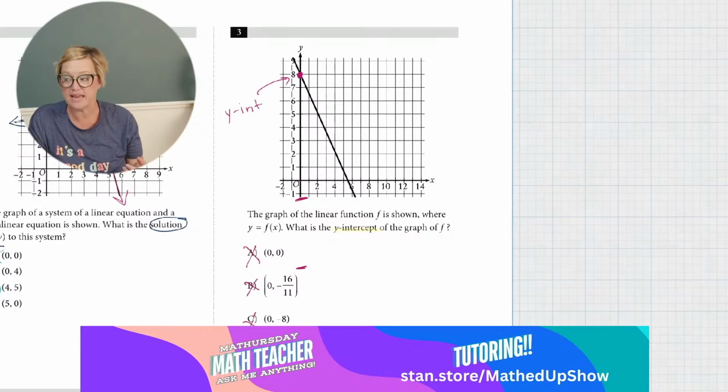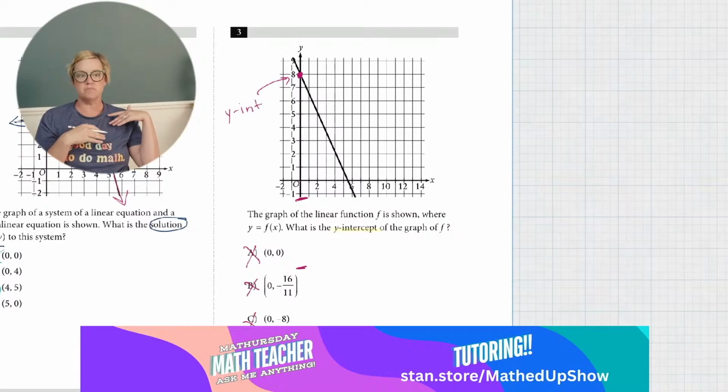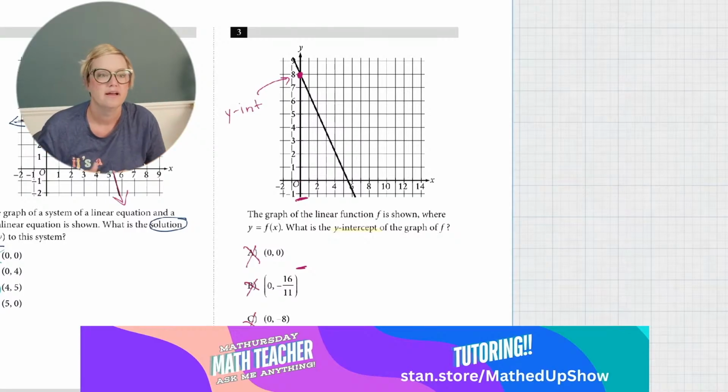And nowadays with the virtual testing, you can do it online, it's much more dynamic. So you get different levels of questions depending on how you do. Kids will get confused if they don't know what the y-intercept is, for sure, right?